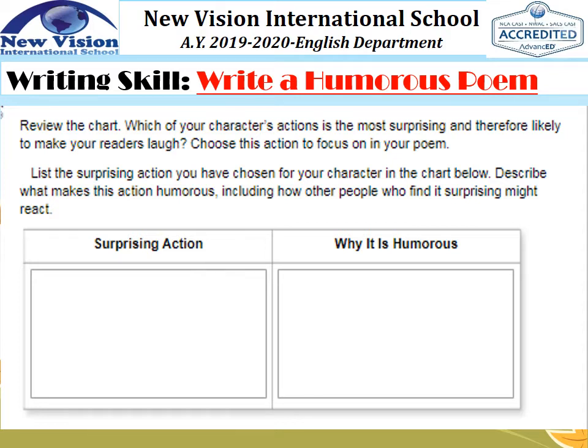In this second chart, you have to fill this in. Surprising action. Then describe what makes this action humorous, including how other people who find it surprising might react. After you have written here one surprising action, which of course goes against the social norms, you have to explain here why and what made it humorous. Why is it funny? Okay? Got it? Great.